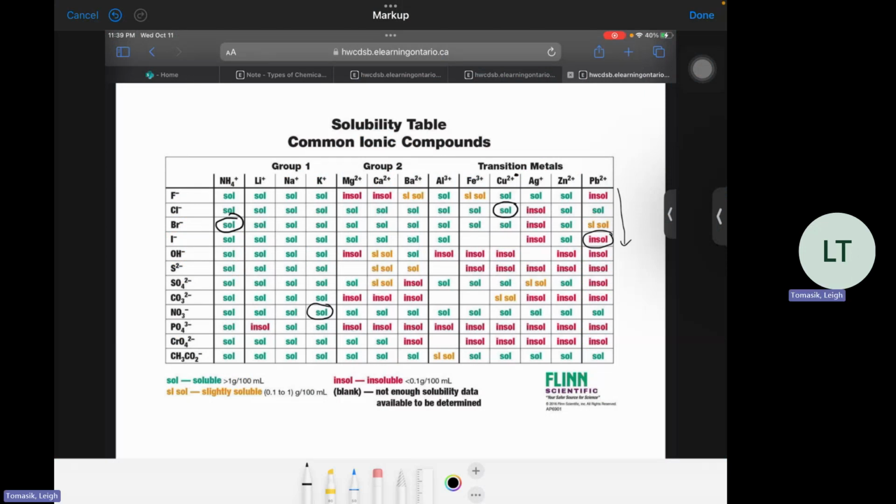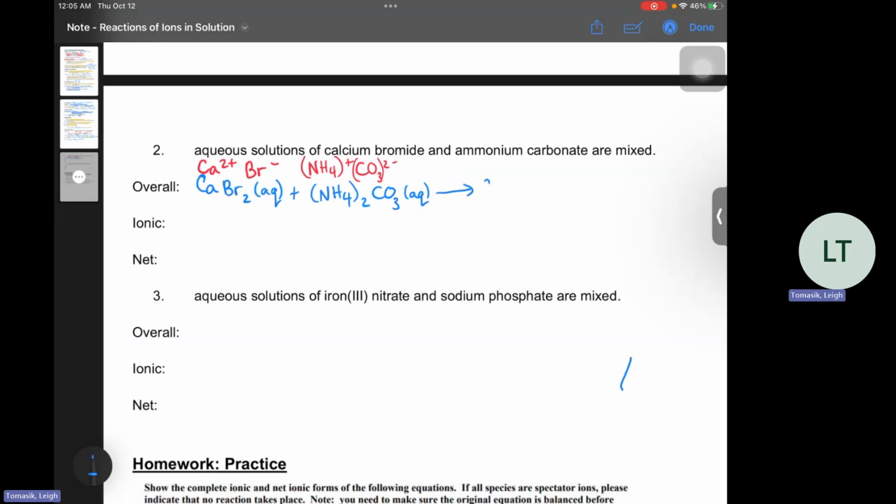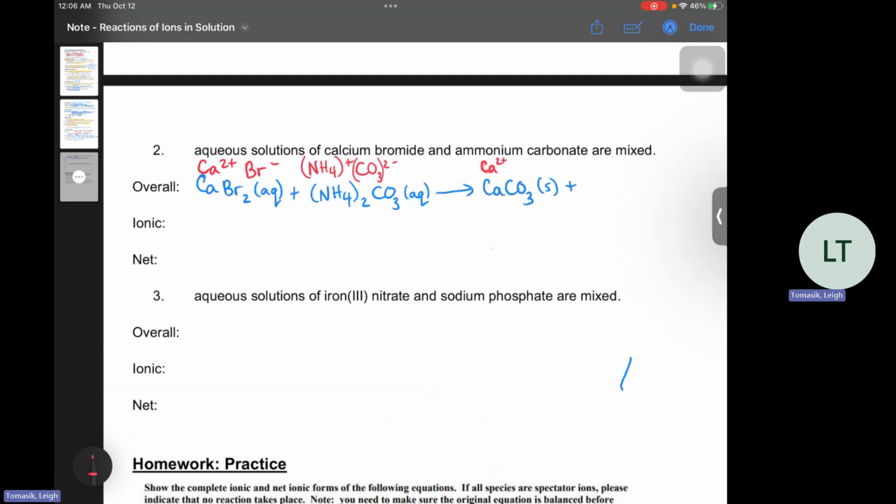Then we have calcium and we have carbonate. Calcium carbonate is insoluble. Actually, that's what chalk is made out of, or what it used to be made out of anyway. So calcium carbonate is going to be our precipitate, and ammonium bromide. Right, we have to come up with the correct chemical formula.